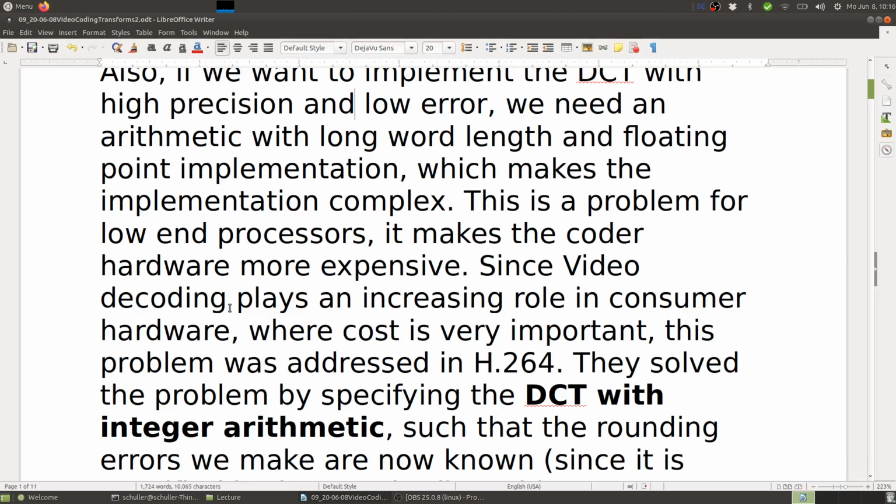Since video decoding plays an increasing role in consumer hardware, where cost is very important, this problem was addressed in H.264, right? So they solved the problem by specifying the DCT with integer arithmetic. So now it's no longer assumed that you have float, but you have finite precision.